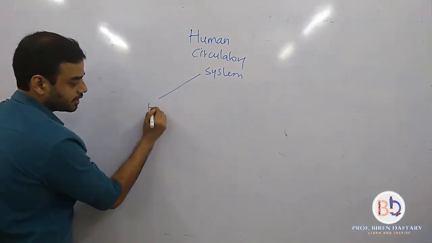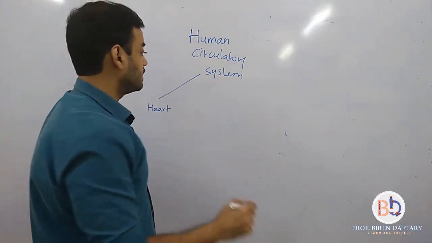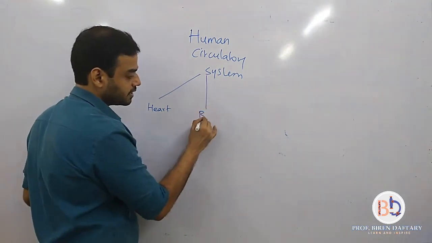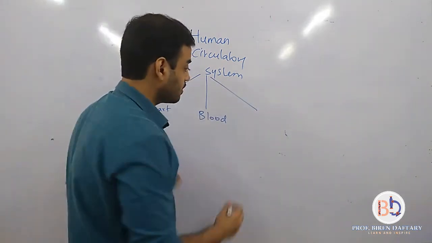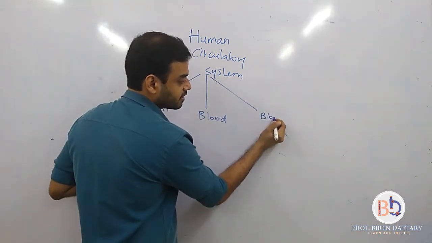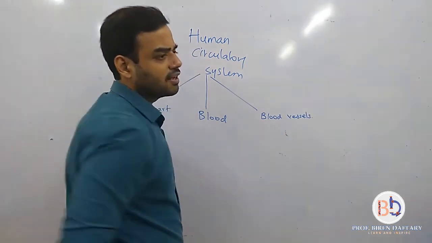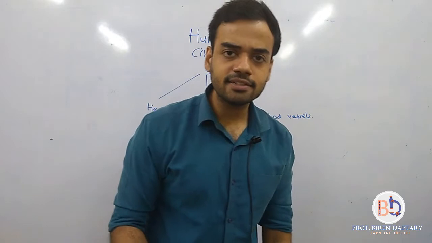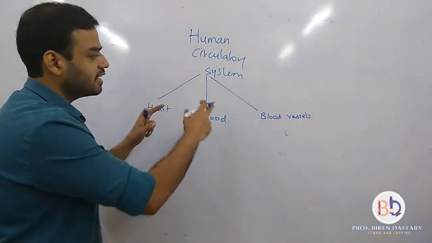First of all, the heart is present, correct? The heart is a four-chambered heart. Then blood is present, and the blood vessels are present. Which are the blood vessels? Blood vessels are arteries, arterioles, capillaries, venules and veins, correct? So these are present.